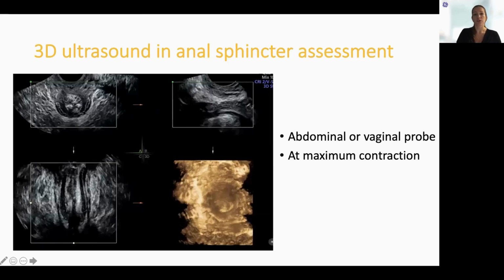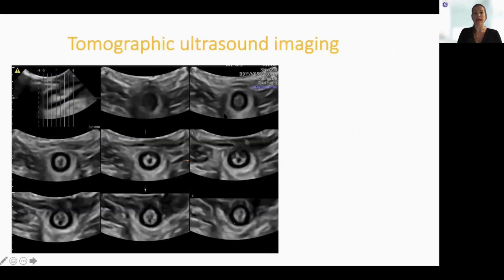Then we can use the 3-dimensional ultrasound and take the volume during contraction, maximum contraction. And we can do it by using the transabdominal or transvaginal approach. And in that case, we save again 3 images and activate tomographic ultrasound imaging, where we create 9 slides.